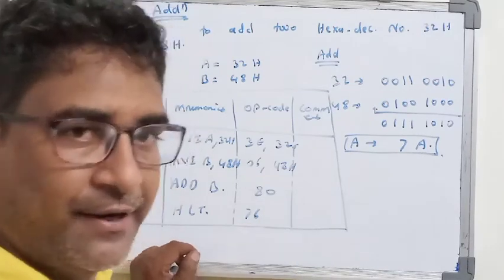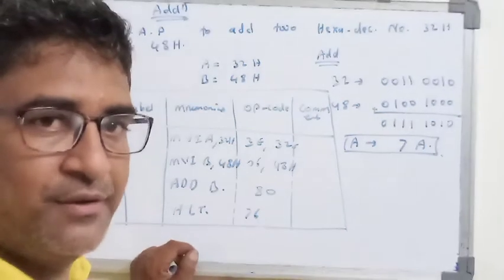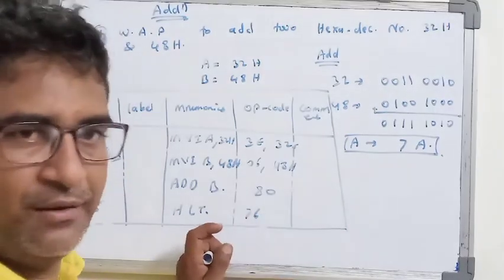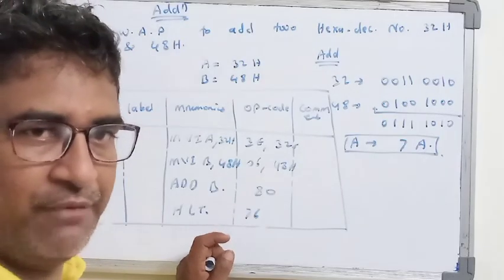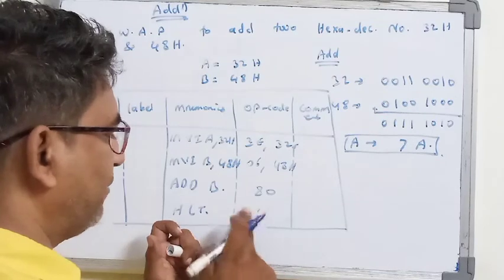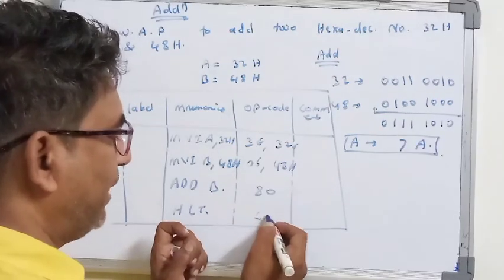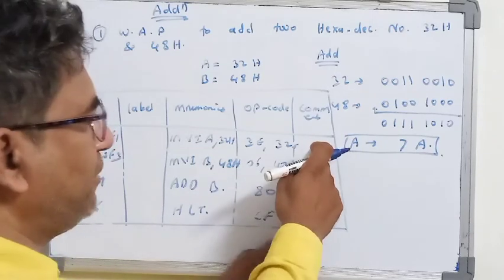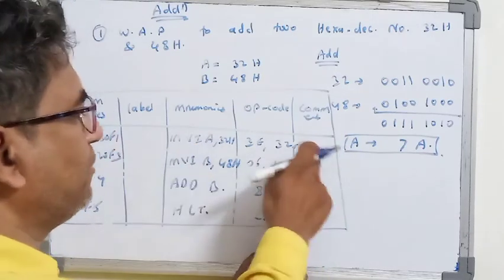For the kit address you have to write CF. If you write 76, then maybe the program will not run because there will be the wait instruction. So instead of writing this 76, you have to write down the kit address that is CF. Okay, then in the comment you have to write down what this instruction does.